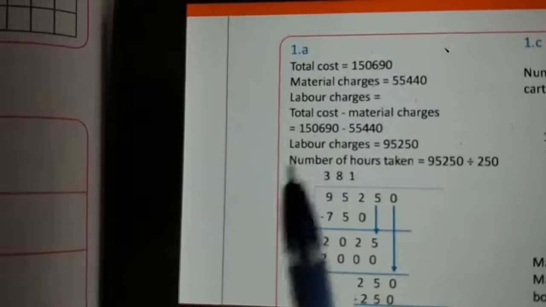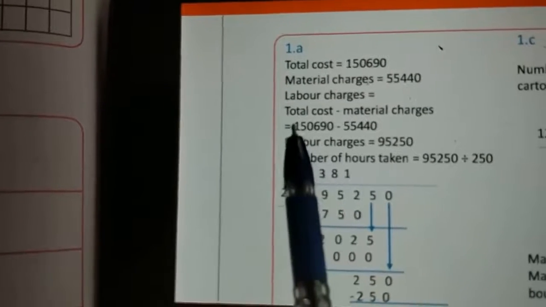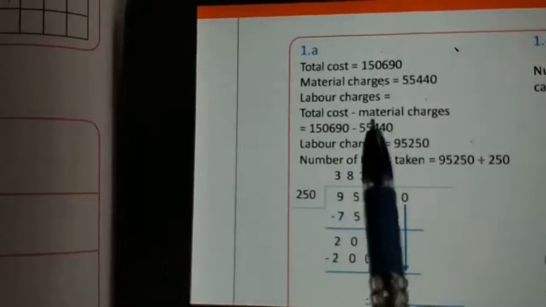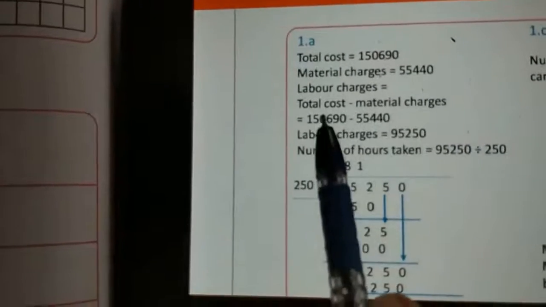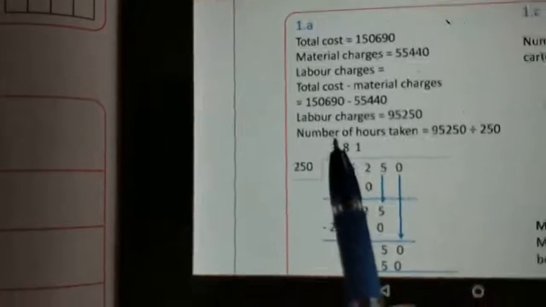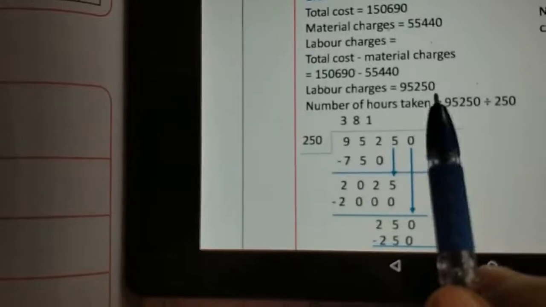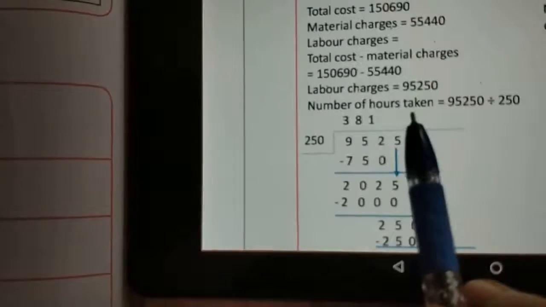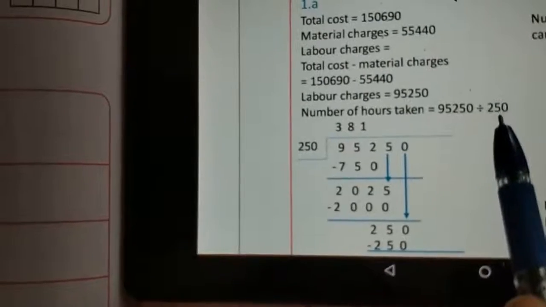So students, what we have to do, total cost minus material charge. So labor charge is 95,250. Number of hours taken is equal to 95,250 divided by 250.